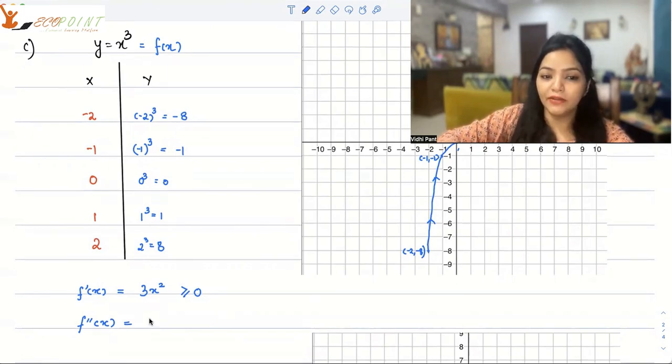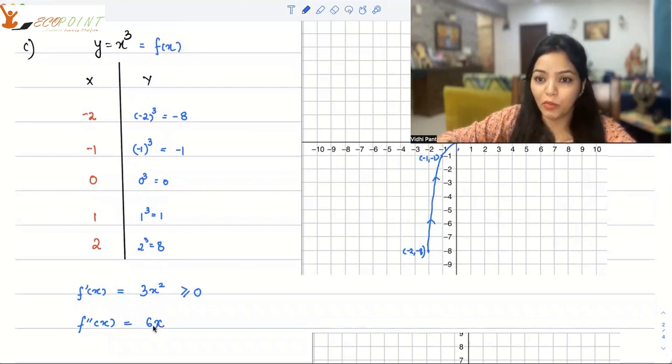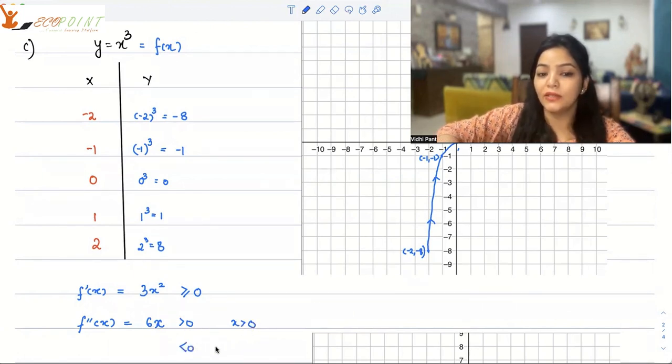So what we see here is that the double derivative will be 6x. Now 6x is such a value that it could be positive, it could be negative, depending on the value of x. So 6x would be greater than 0 when x is greater than 0, and 6x would be less than 0 when x is less than 0.